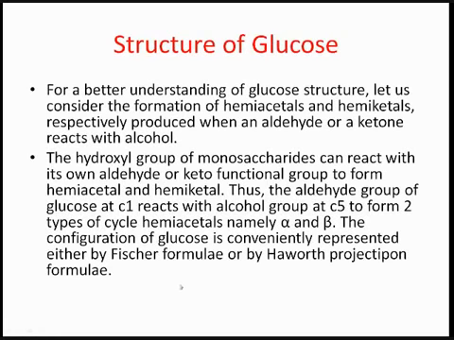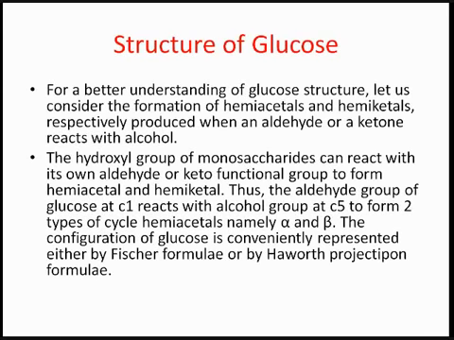So according to the H and OH groups which are present at the C1 of hemiacetal glucose, the D-glucose can be named as alpha or beta. If the OH group of a D-glucose is oriented toward right side, then it is known as alpha D-glucose.